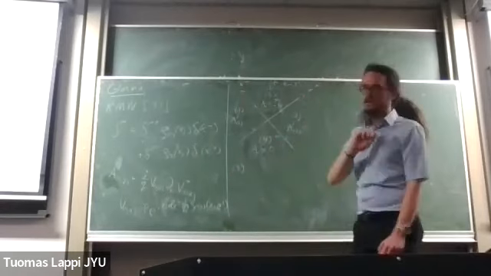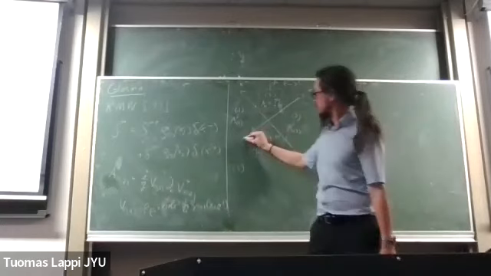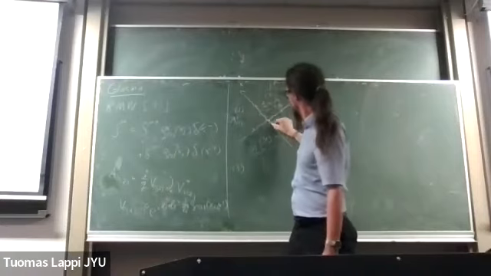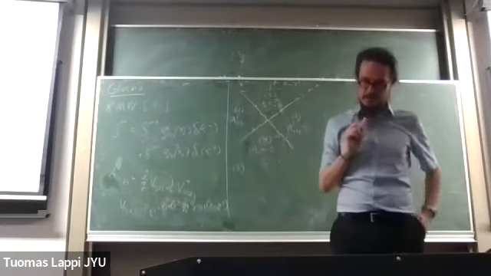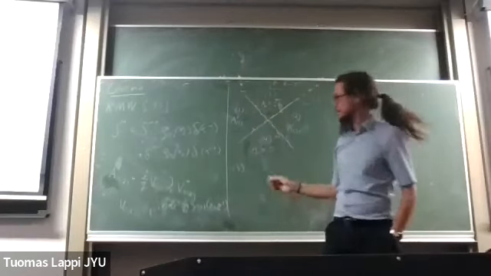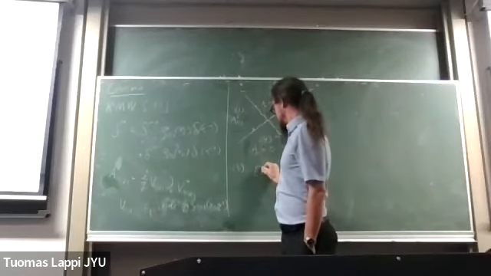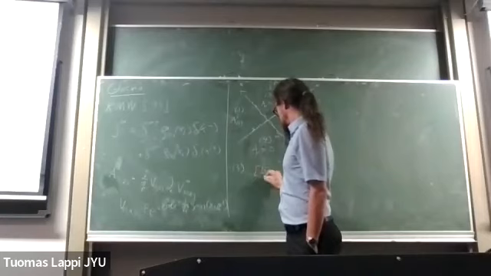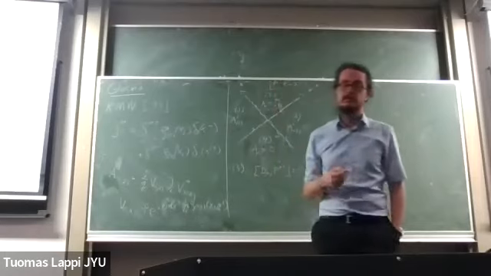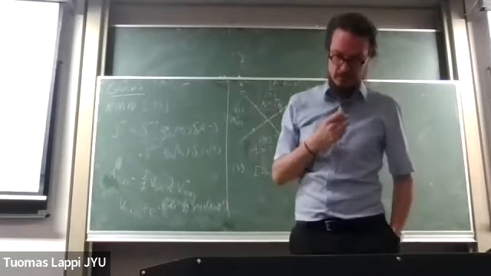Then inside this region 3, you remember our currents just live on the light cone. So inside this region 3, there is no color charge. Our equation of motion is just going to be that the covariant derivative of the field strength tensor is 0.